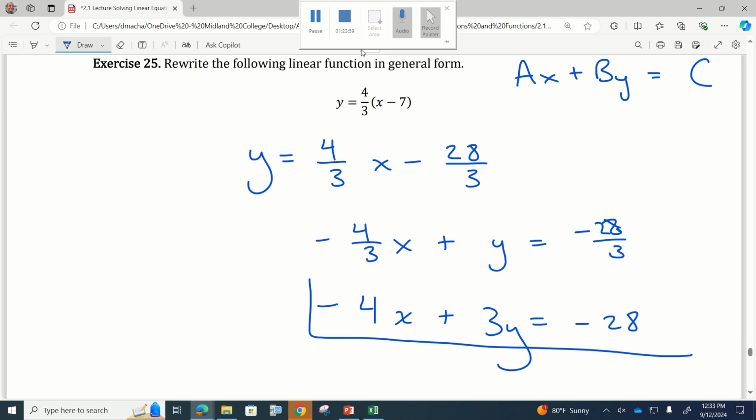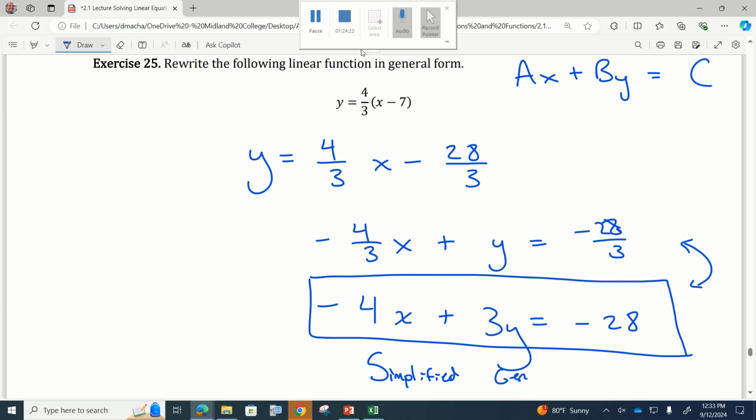And I think that looks nicer. I want you to know that these are the same equation. Exactly the same equation. They mean the same thing. They plot exactly the same line on a graph. But this is considered the simplified general form of a line.